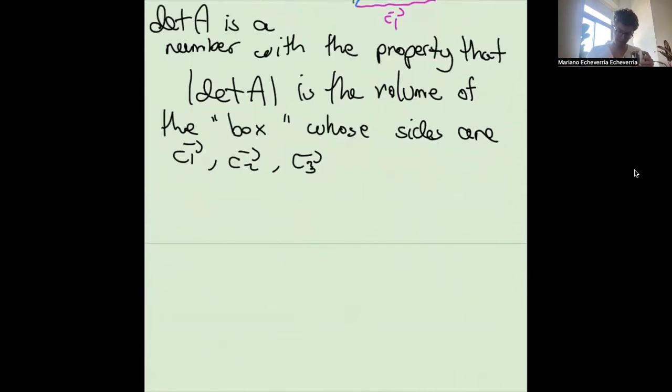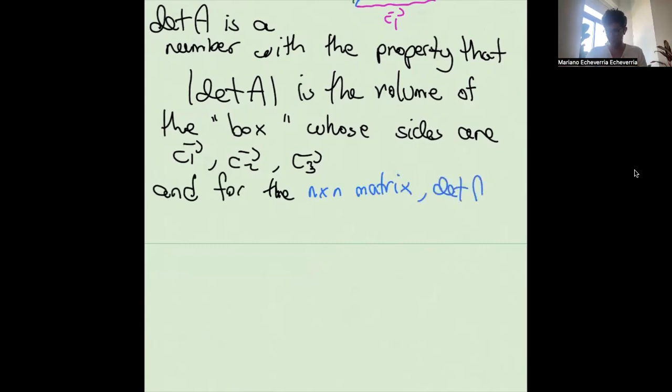So in the general case, for the n by n matrix, the determinant of A is a number such that in absolute value, it gives you some sort of hypervolume of the hyperbox.